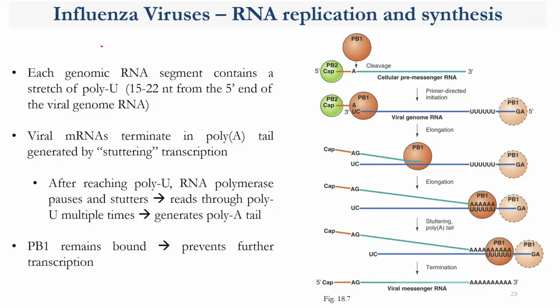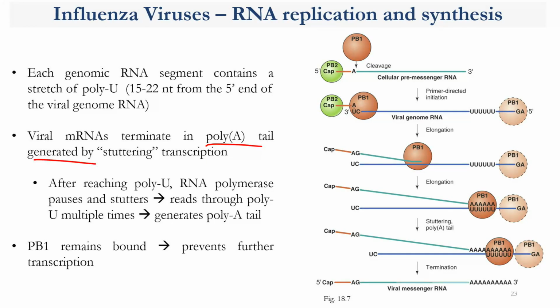So each of these genomic RNA segments has a stretch of poly-U's, which you can see here. Okay? So this is again about 15 to 22 nucleotides from the 5' end of the viral genome. Again, remember this is negative sense, so this is 3', this is 5', and your viral mRNAs terminate in a poly A tail generated by the stuttering of the RNA polymerase.